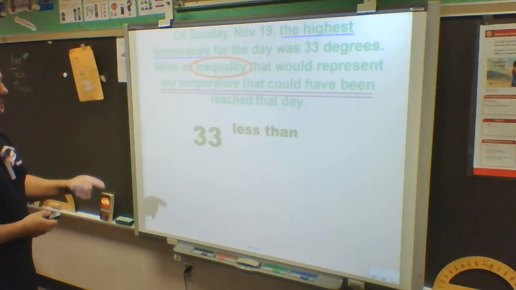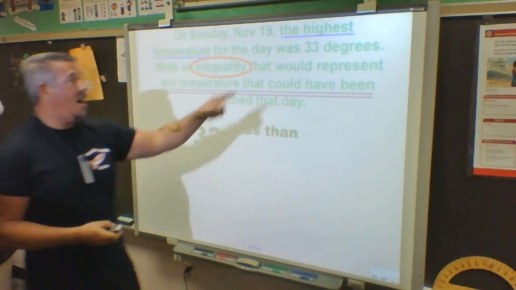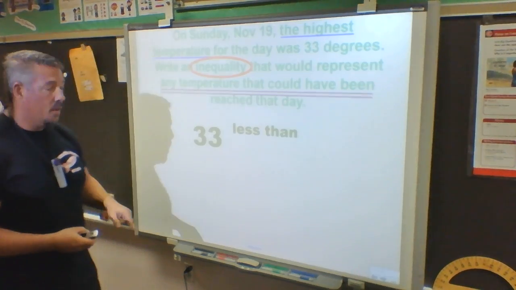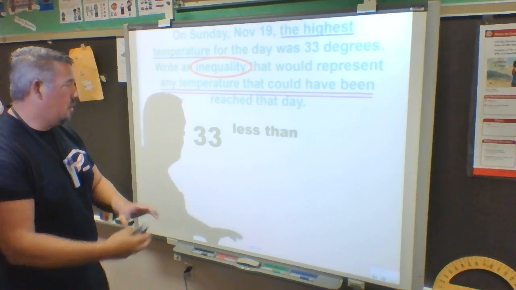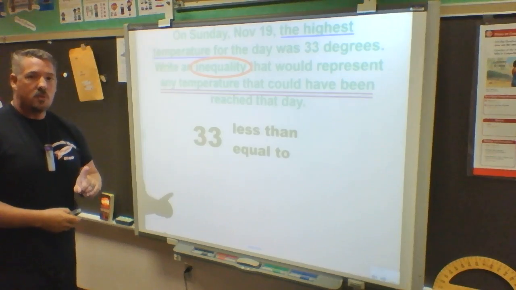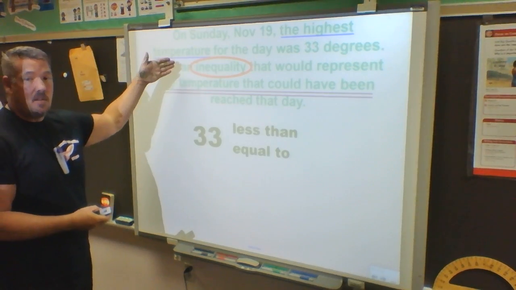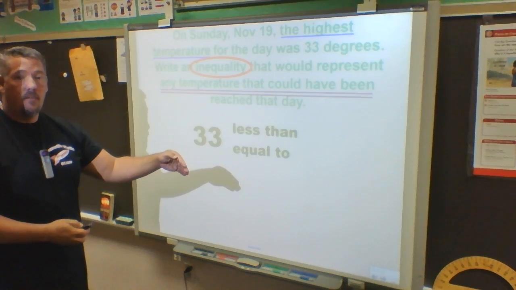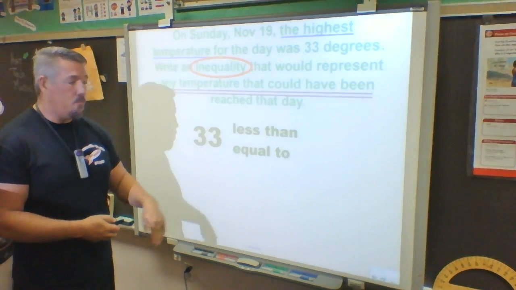So when I look at it, I know it's 33 degrees. That was what? That was the highest temperature. So I know that any other temperature could be less than that, correct? But could it be equal to as well? It could, couldn't it? Because it was the highest temperature. We know it got there. So what I'm looking at is a less than or equal to symbol.